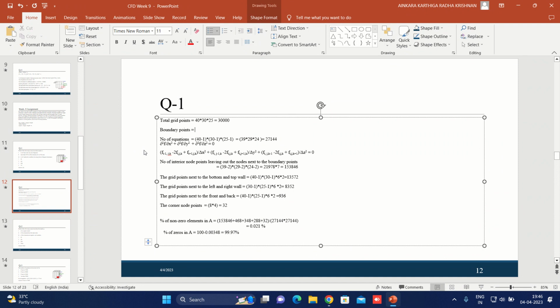So it will be 40 into 30 plus 25 into 28 plus 23 into 38, into 2, minus 30,000. So actually here a small confusion went. It is 5548, and so it is number of equations.